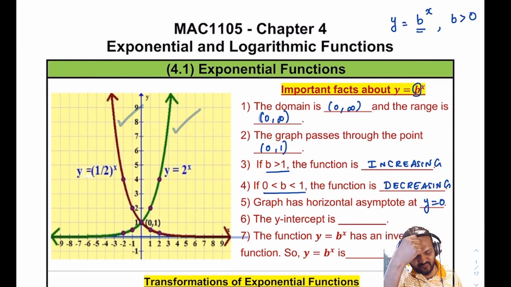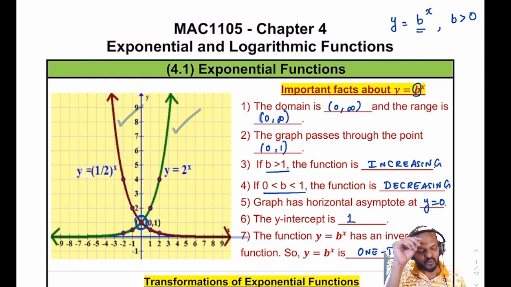The y-intercept, where the function intersects the y-axis, always happens at this particular point, so we can say the y-intercept is always 1. And this function has an inverse; we'll talk about that in future sections. Since it has an inverse function, we can say y equals b to the x is a one-to-one function. So these are some basic facts about exponential functions.